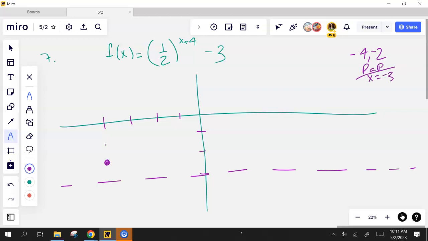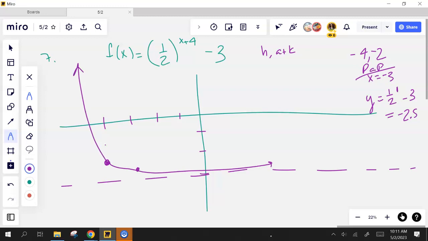I'm going -3 because I always add 1/2 to the first -3, which would be -2.5. h, a plus k. So I'm hugging this way and I'm coming up this way.